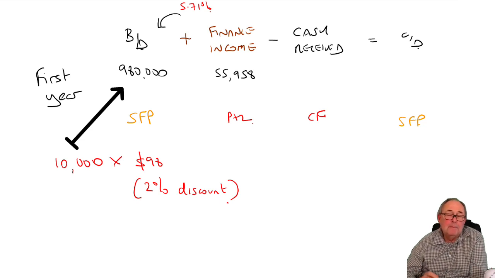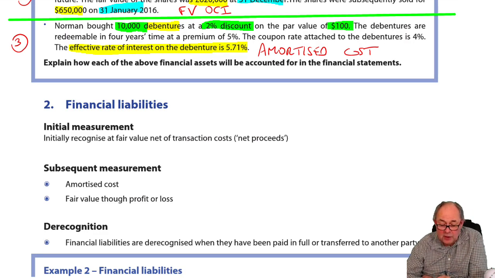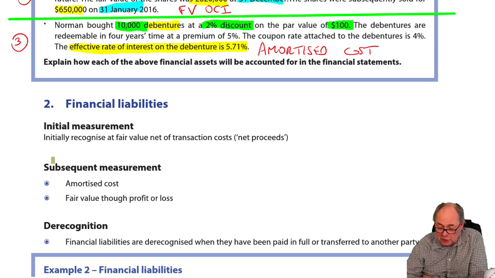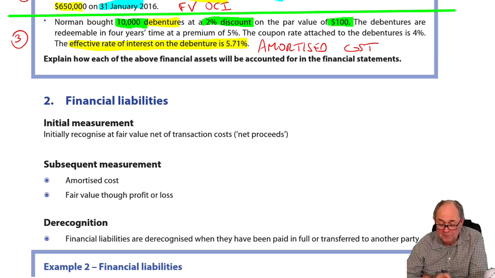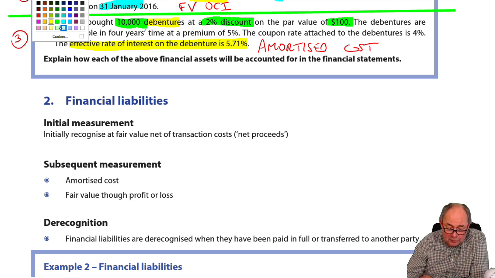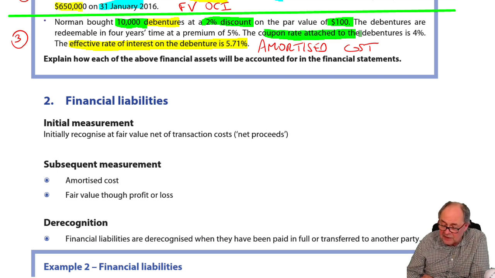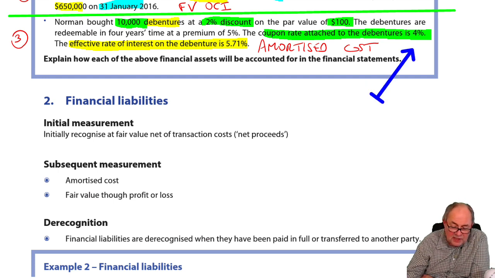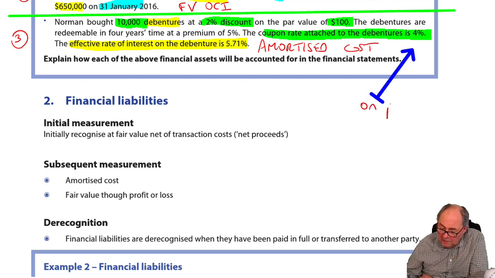Every year, the borrower has agreed to pay me a fixed sum, which is sometimes known as the coupon. It's just a name. The coupon rate is always on the nominal value of the shares. So the coupon rate, you can see here, just highlighting it in green, is 4%. That 4% is always on the par value.